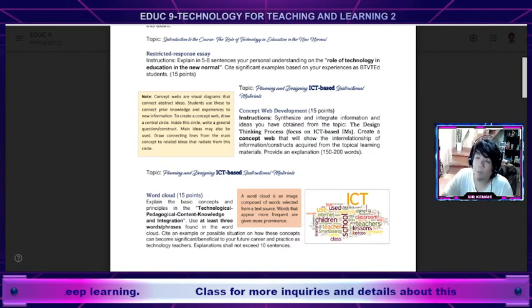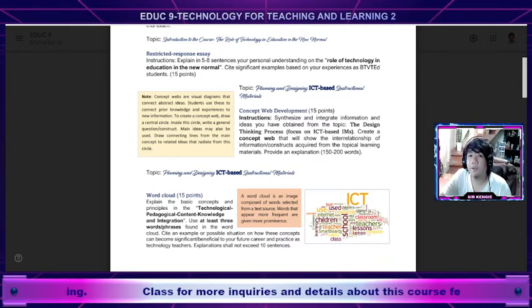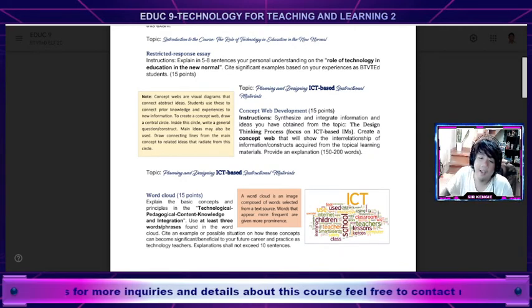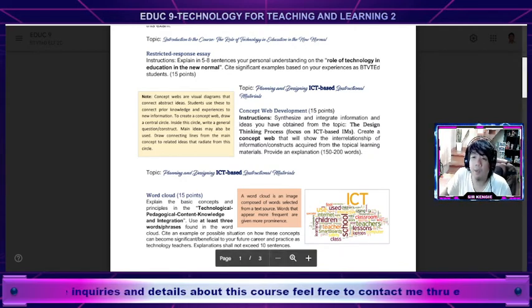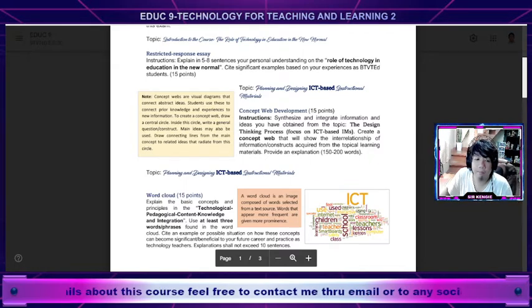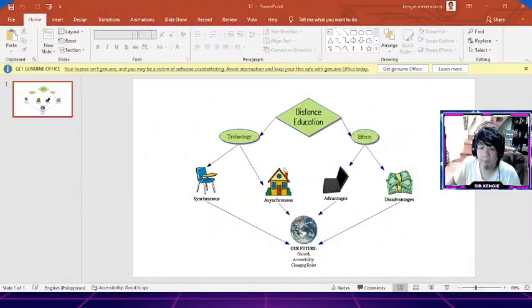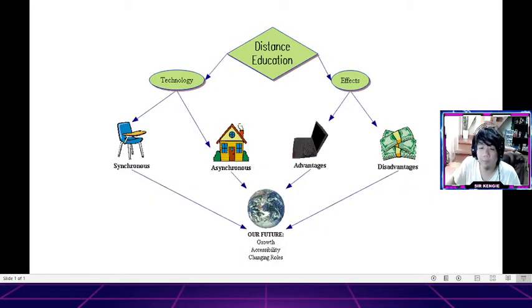So that is how you construct your concept web. To further understand, I will be showing you a sample concept web, but this time it's different. Okay, but still this is an example of a concept web.